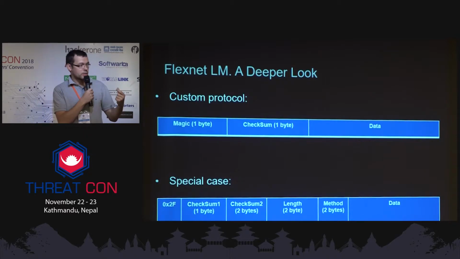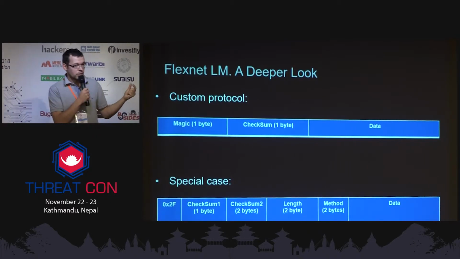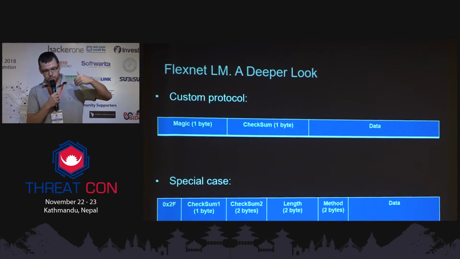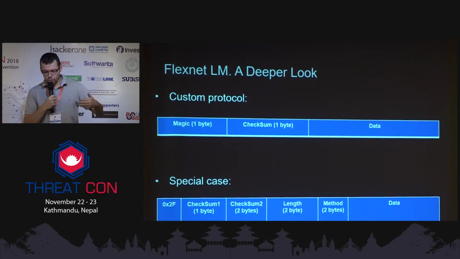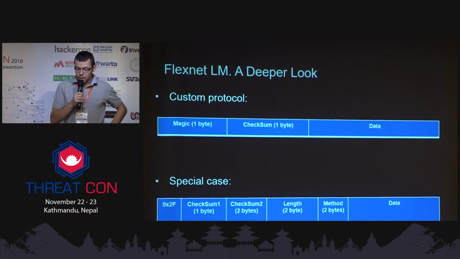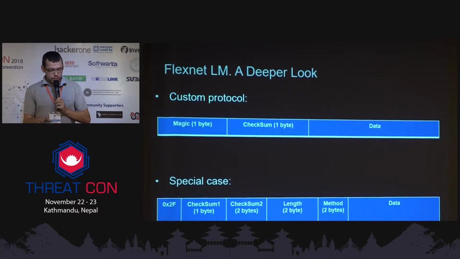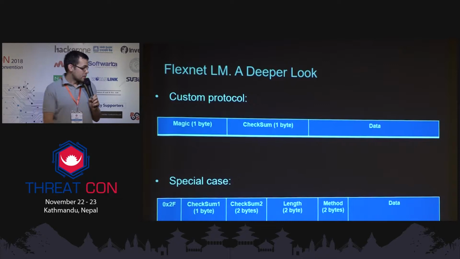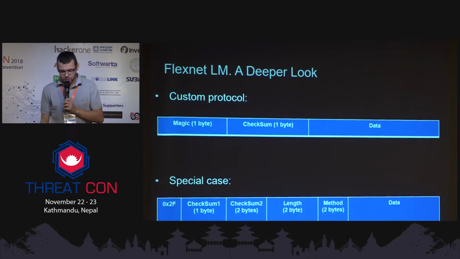We should fix this field to cover a lot of cases in the binary. This checksum is calculated very simply: it's a sum of all bytes in the package, except itself.